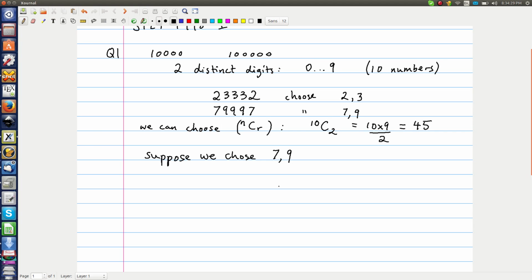For example, one valid possibility I've already given here, let's use a different color for this, is 7. Shall I use commas? I don't think so. That's one valid possibility. However, this is not a valid possibility.